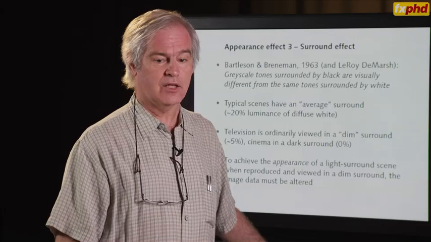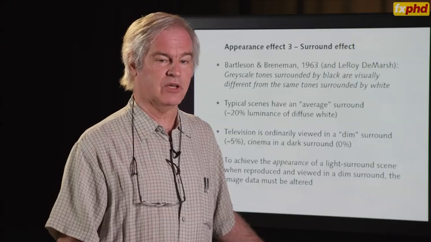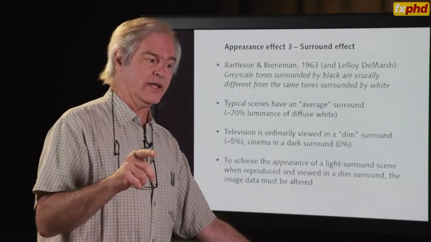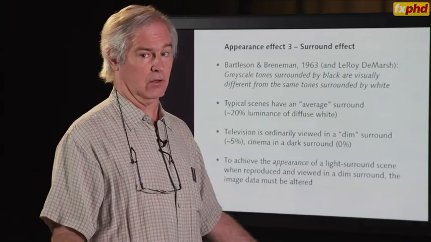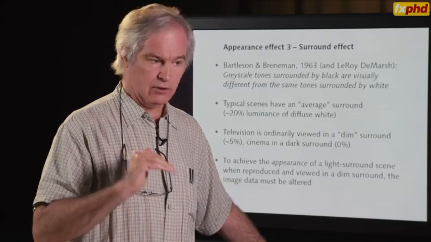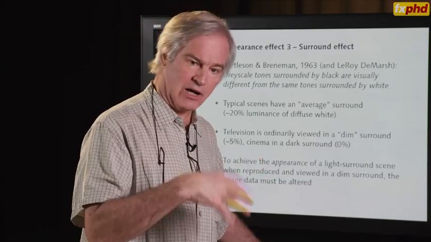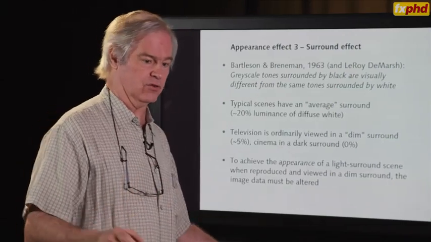And you can take your digital color value inspector and look at the pixel values of that white, gray, black pair and discover that they're identical. But they look different. And they look different because the surroundings have affected the apparent lightness level of those patches.